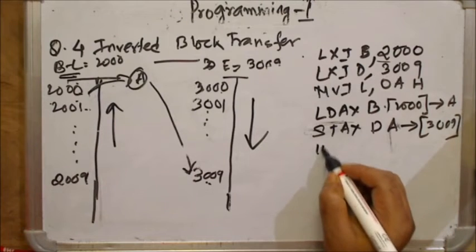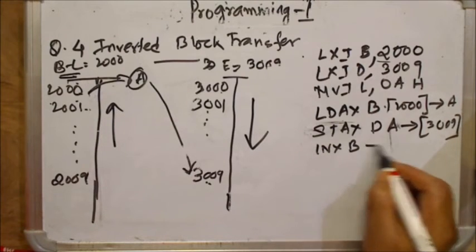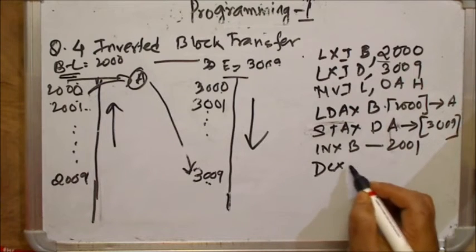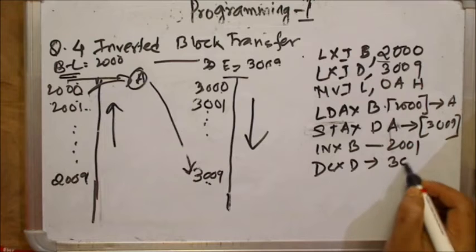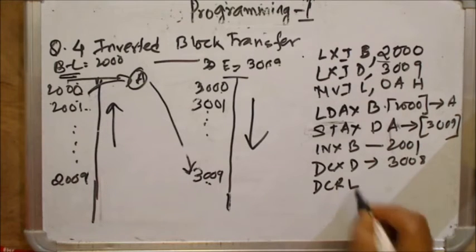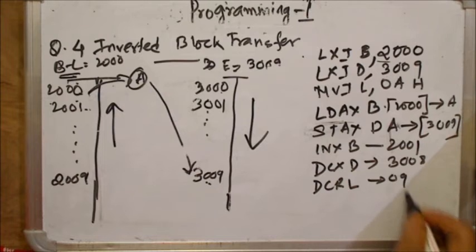Then increment the BC pair with INX B, so it will become 2001, and DCX D, so DE will become 3008. Then decrement the count with DCR L, so L will become 09.